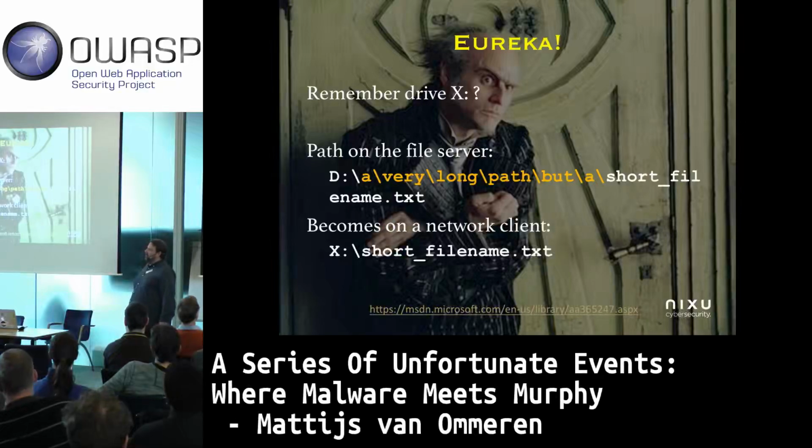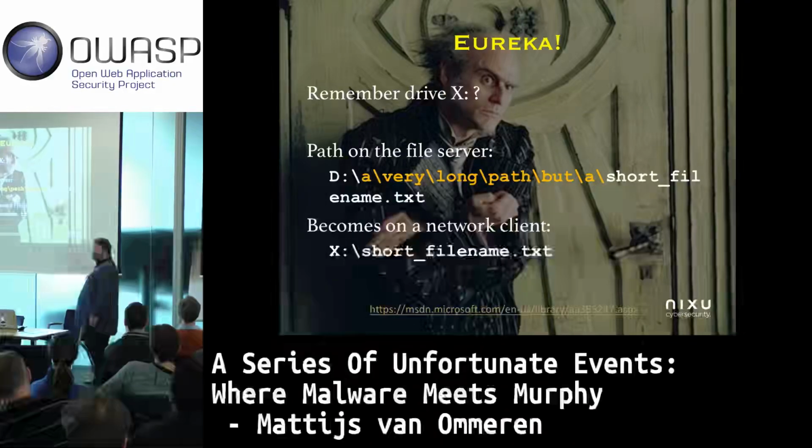When your computer is connected to a network and it performs drive mapping, that artificially shortens your full file path. So when you take a look on your file server, you still have this long file path, and that's where it exceeds the 260 character limit.